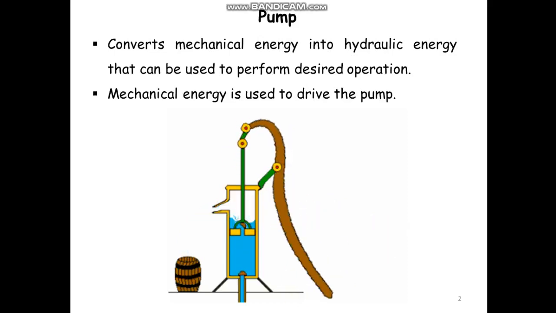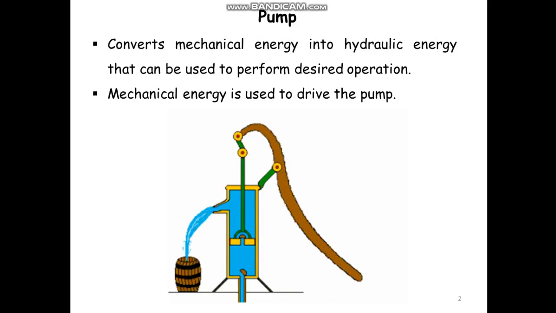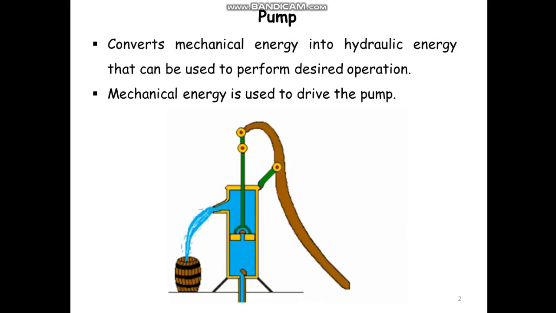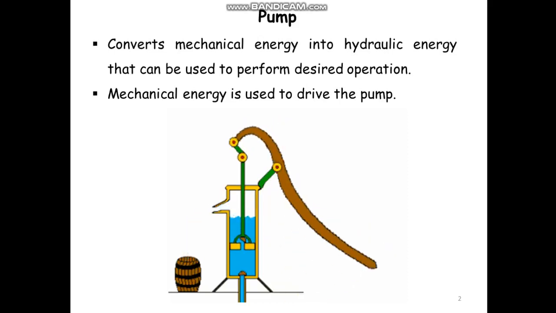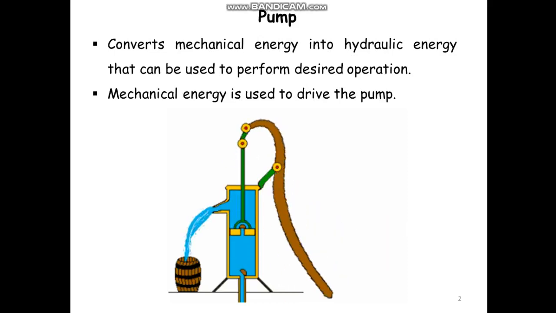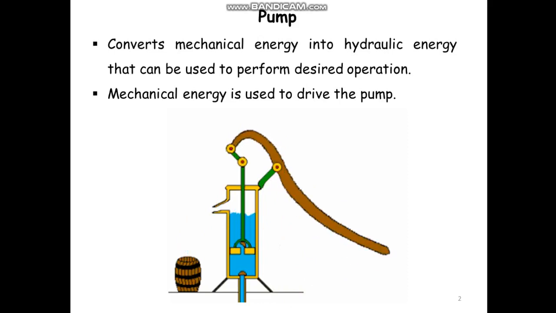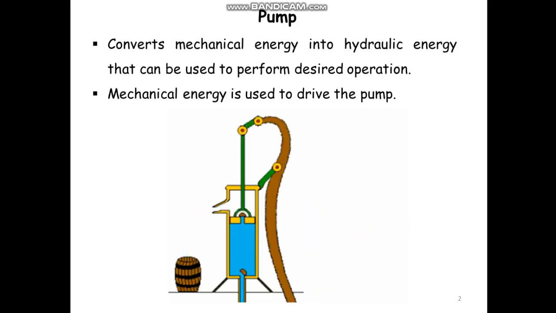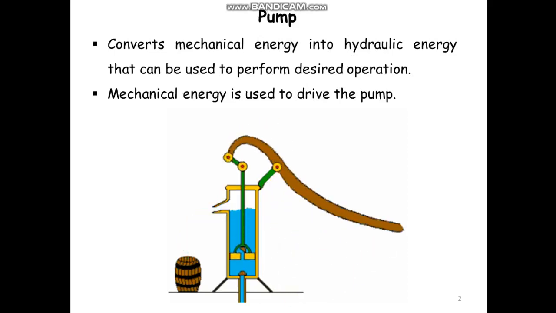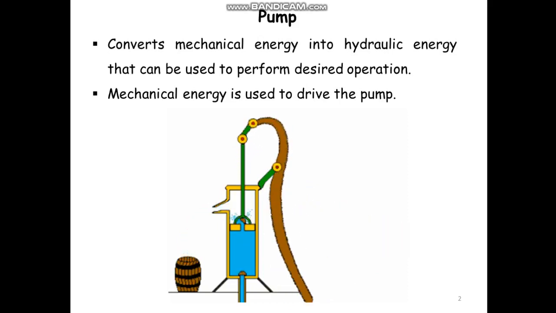So if you see this animation, it is a hand pump, basically a reciprocating pump. Its input is nothing but the movement of the lever, which can be done by hand, and because of the hand movements of that lever, the piston will reciprocate inside the cylinder.